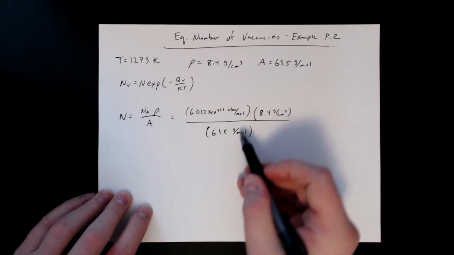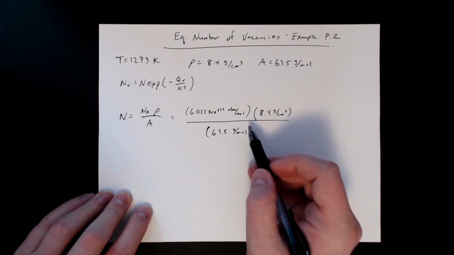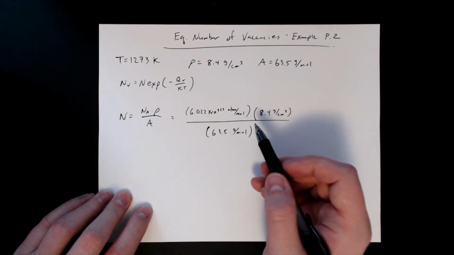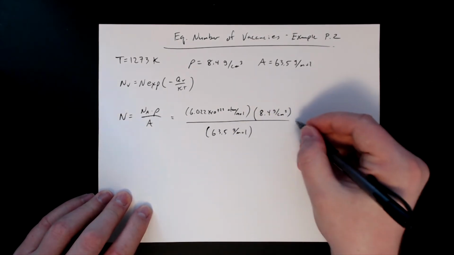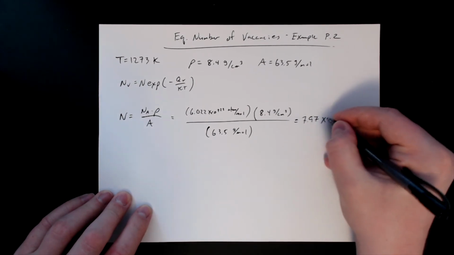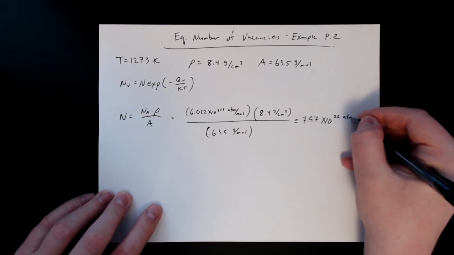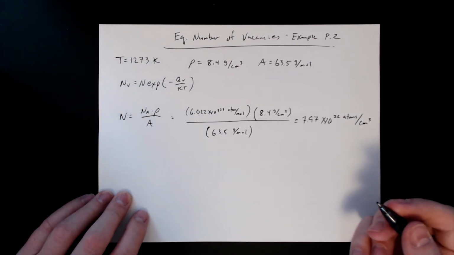You see here that the moles are going to cancel out, the grams are going to cancel out, and we're going to be left with atoms per volume. In this case, it's going to be in centimeters cubed, so we'll also want to convert that afterwards. If we just plug this in, we get 7.97 times 10 to the 22, and that's, again, atoms per centimeter cubed.